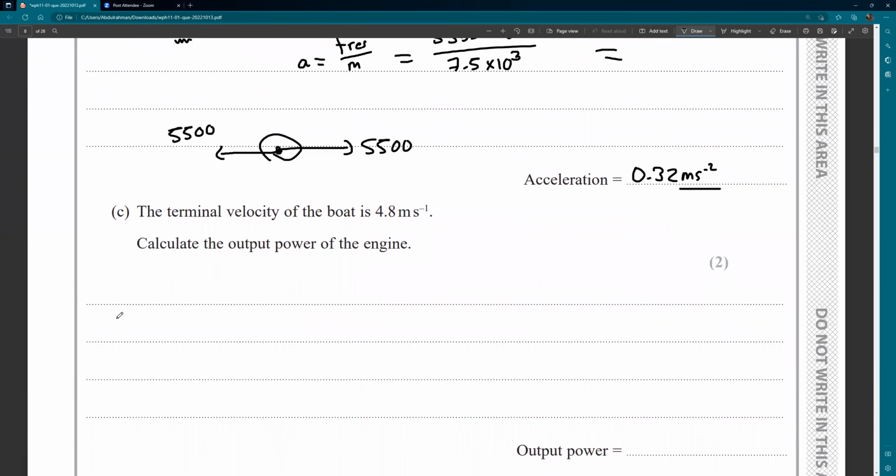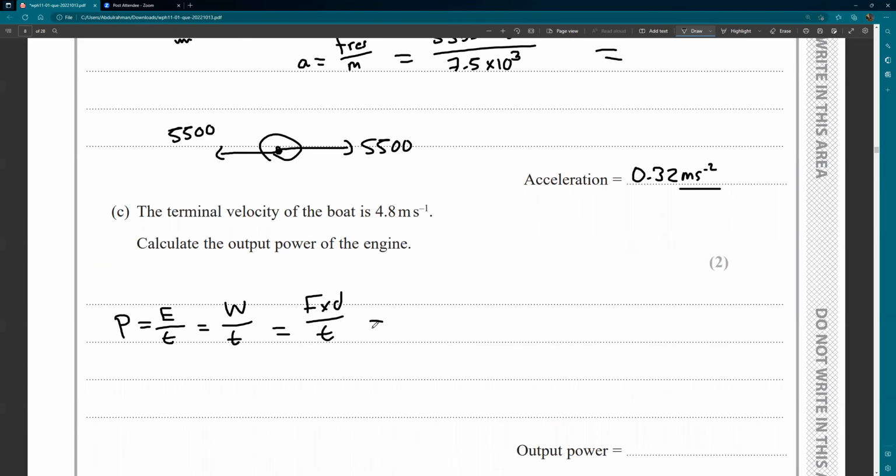Well, we know that power is energy over time. In this case, the energy is the energy transferred to the boat. Well, what energy is transferred to the boat to allow it to reach terminal velocity? Well, it's just the work done on the boat. So we know that work done is energy transferred, and we know that work done is force times distance.